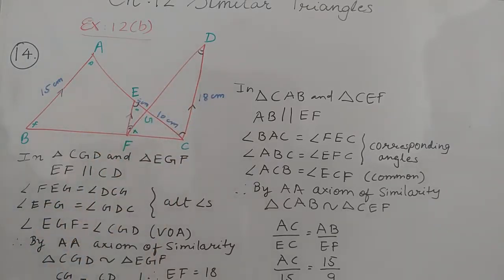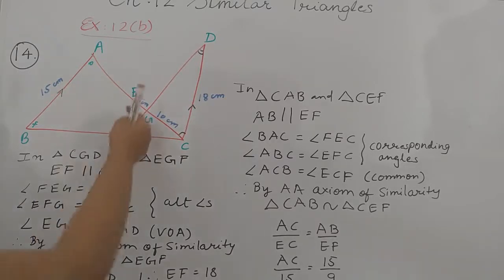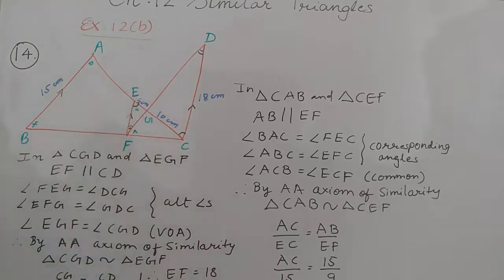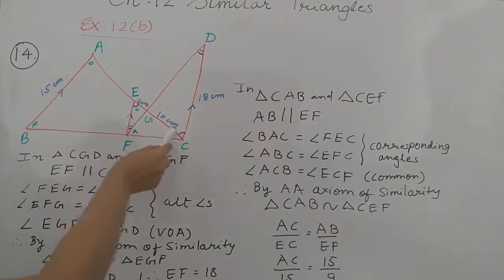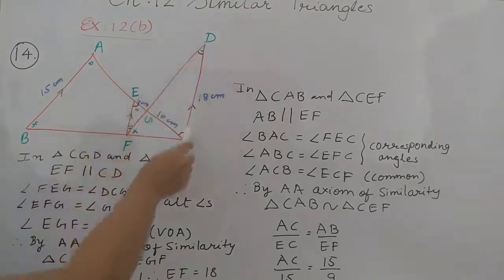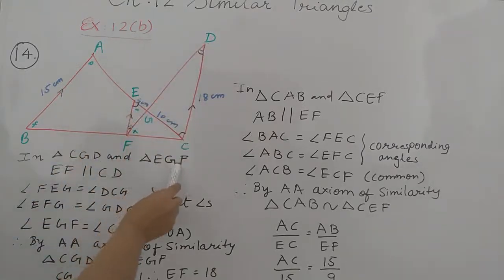So students, according to the value we want to find out here, first we have to find the EF value. So we have to prove or show the similar triangles using our conditions of similarity. So first of all I took triangle CGD. CGD means this one, this triangle, and EGF.